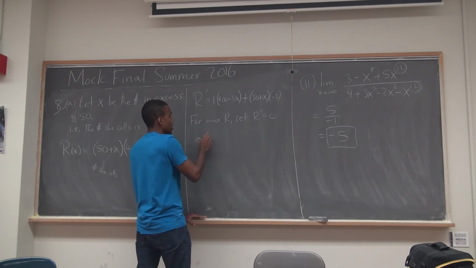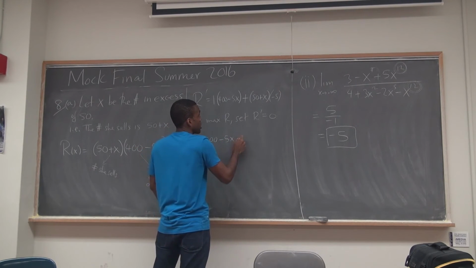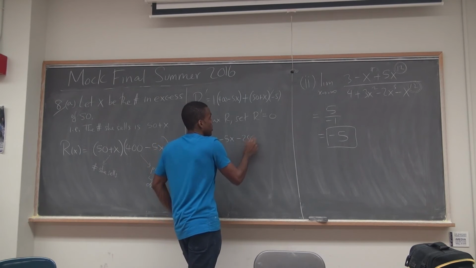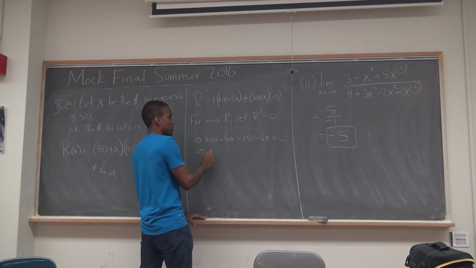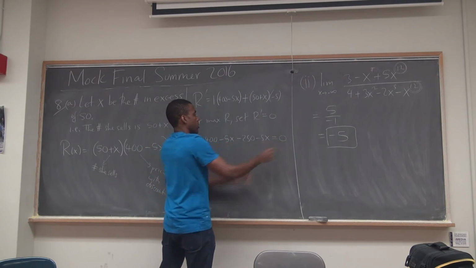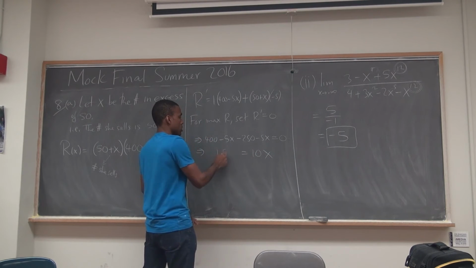So this means we have 400 minus 5x minus 250 minus 5x equals 0. Bring these over here, so I have 10x over here, and 250, this gives us 150. So this means x equals 15.